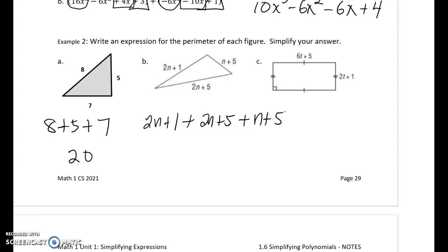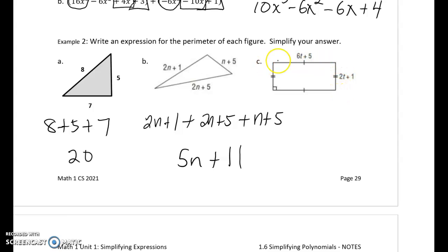Now we can't leave it like that, and we always want our answer to be its most simplified. So this is where we're going to combine like terms. We're adding these polynomials. So 2n plus 2n plus n gives us 5n. 1 plus 5 plus 5 gives us 11.